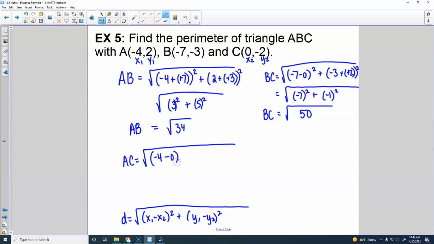Minus 0, because you're always using the minus sign there in between these. Okay? Good. So for that, this is going to be negative 4 squared. And then 2 minus negative 2, that becomes a plus. So that gives us 4 squared.